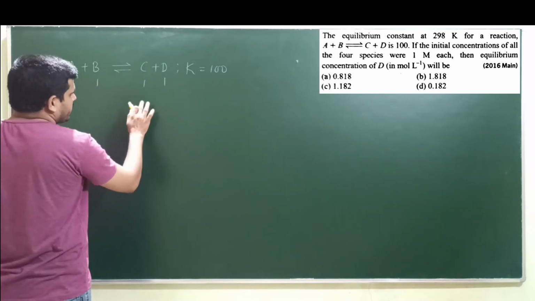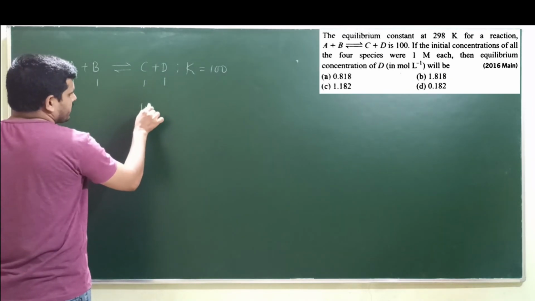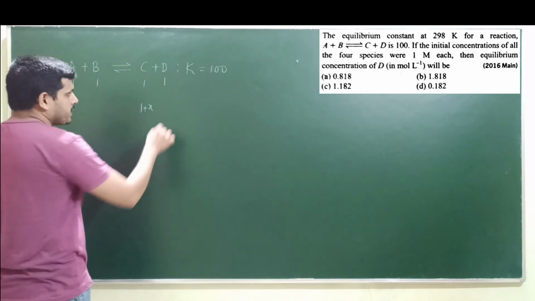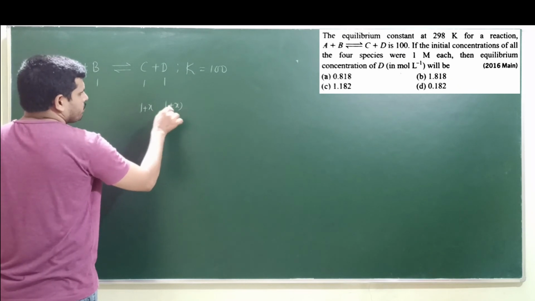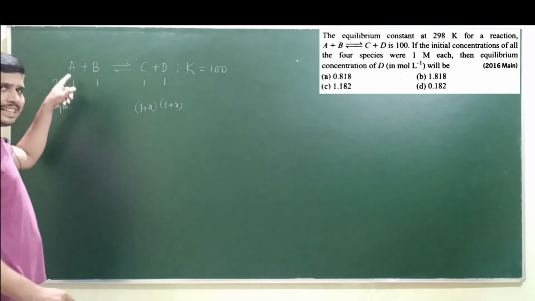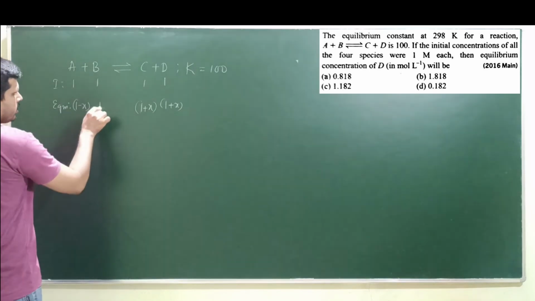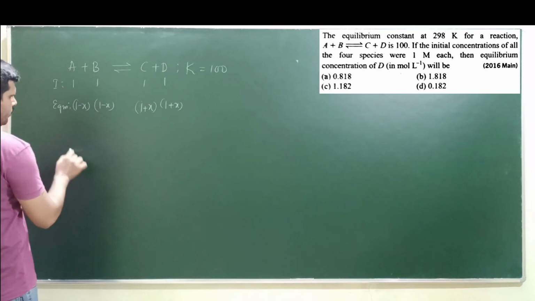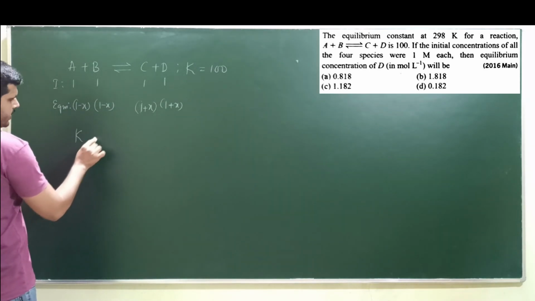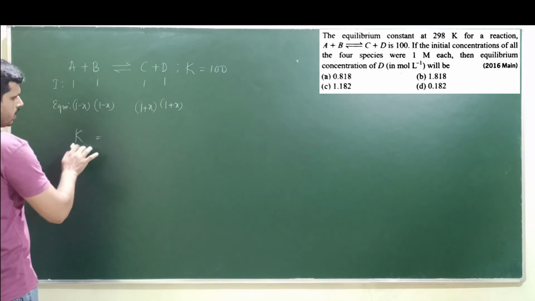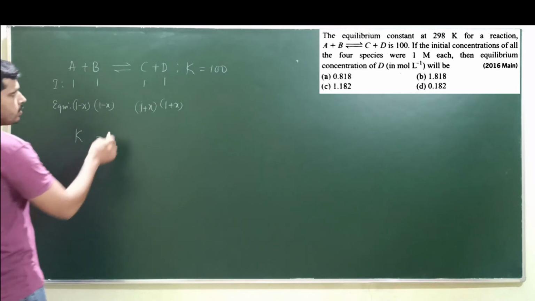So we'll write this as 1 plus X. Already 1 molar was there, now 1 plus X. What about here? It's also 1 plus X. What about the decrease in concentration of A and B? 1 minus X each, right? Now we know the equilibrium constant K, we'll write the general notation, K, which is equal to what?